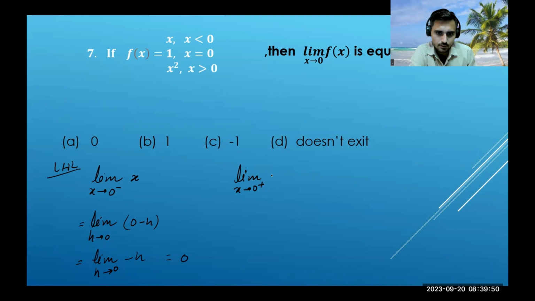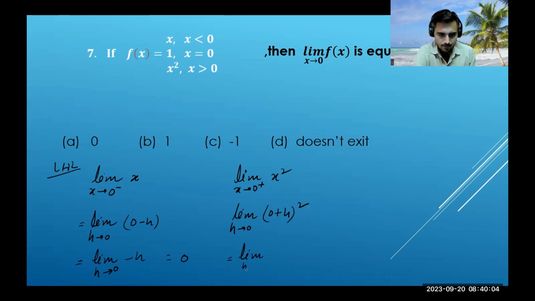So we'll write here x square. So limit h tends to 0 and (0 plus h) whole square. This becomes h square, and now we'll put the limit, so we'll get 0.